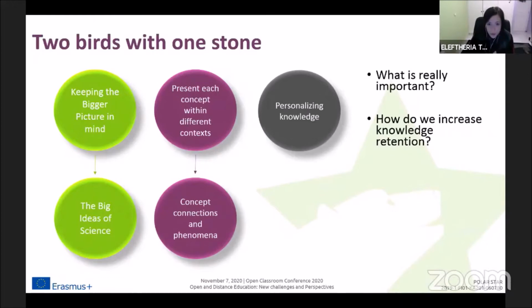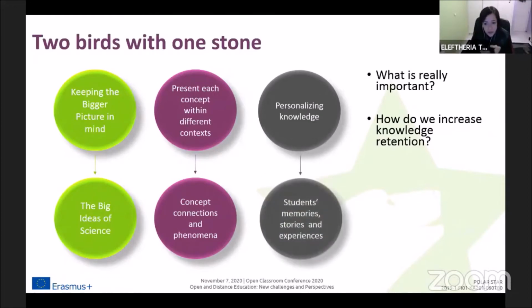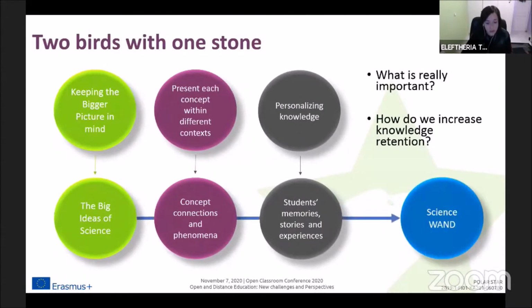And when it comes to personalized learning, we're talking about students' memories, their stories, the stories that they want to tell, and their experiences. And we are building a tool which is called the Science Wand, which encompasses all these three. It's a digital tool which is under construction as we speak, but we also have an analog version, a hands-on version, so you can do the same thing without the wand in your class.